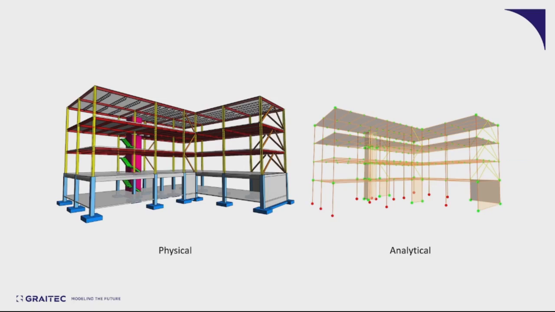It is the model that the finite element analysis can identify and analyze, whereas the physical one is the one we create in Revit, and most of the time needs to be transformed to an analytical one in order to introduce it to Advanced Design and perform these workflows we introduced earlier.